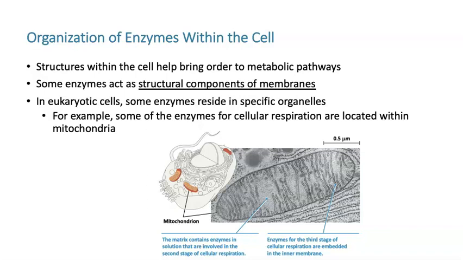Well, some enzymes are actually found in plasma membranes. In this case, we see an example of the matrix and the interior membrane of a mitochondria, which we're going to learn has a lot of various chemical reactions that are happening, and they need to happen in a certain order. So we're going to see a lot of enzymes embedded in membranes.